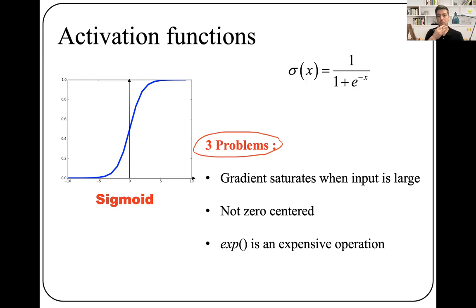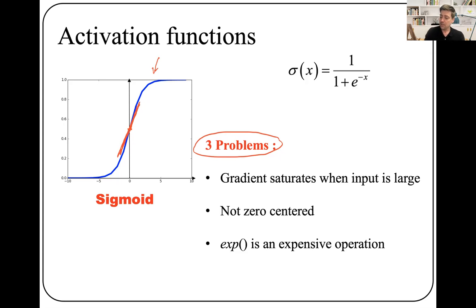The main problem of this function is that if we look at the gradient of the sigmoid, the gradient is actually the slope of the function. Here we have a slope of 1, so the gradient is 1.